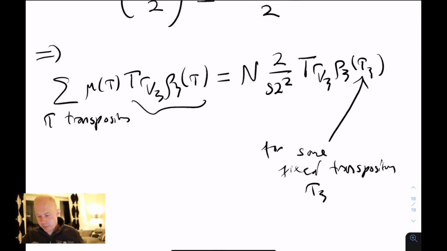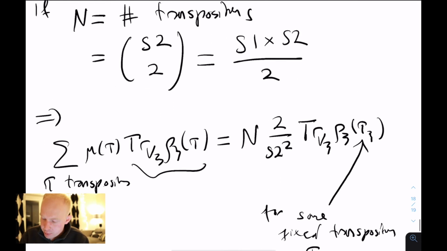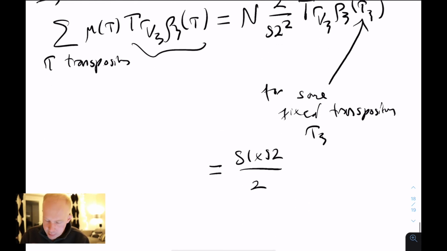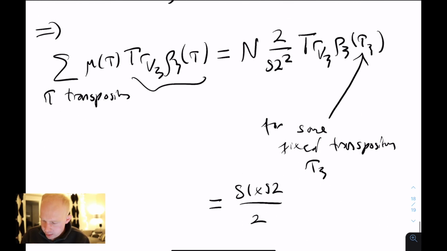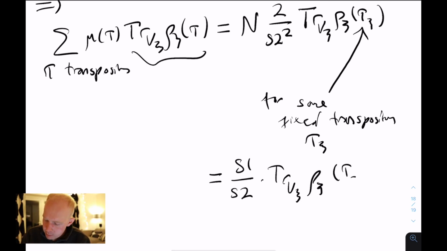It's the same constant for all of them. So I get 51 times 52 over 2, and if I put everything in front, I divide by 51 out, so I get 51 over 52 times the trace of ρ_ψ(τ_ψ).